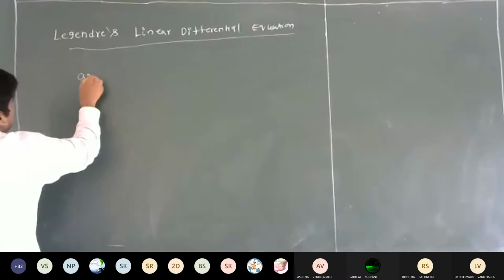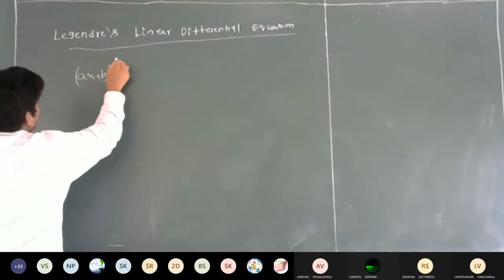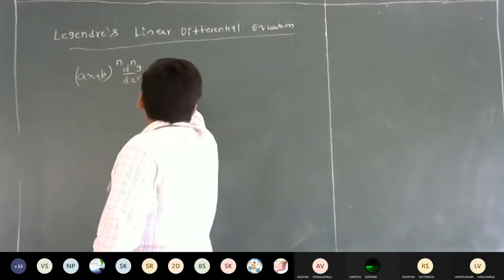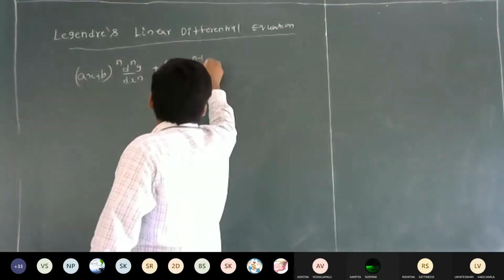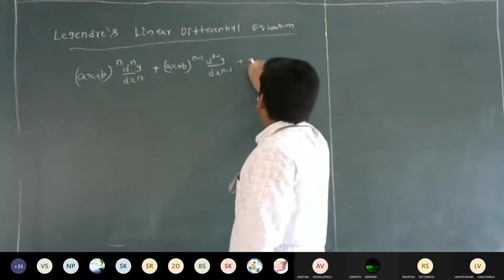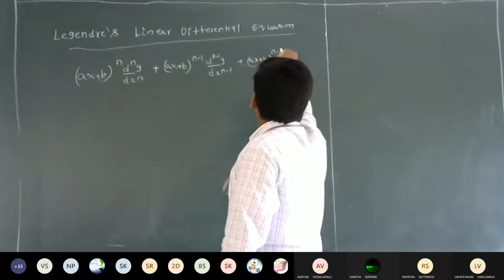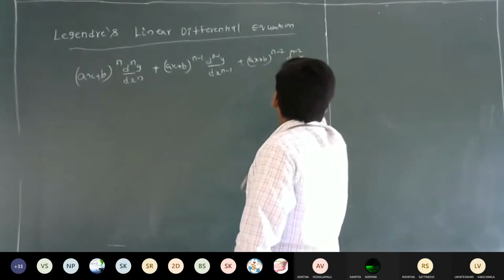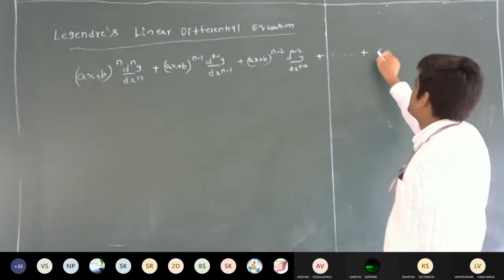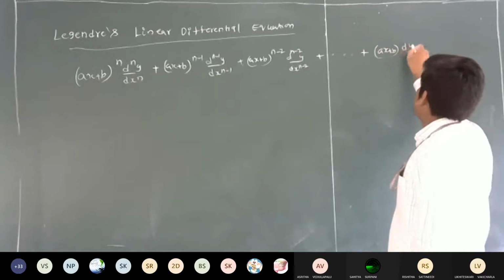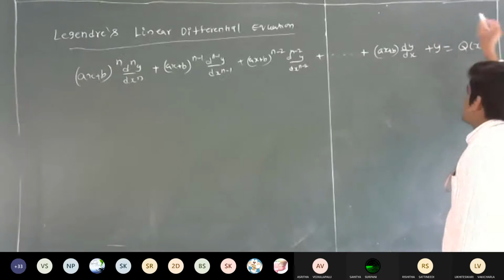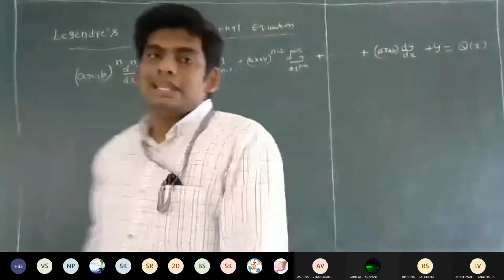It is a differential equation of the type (ax plus b) whole power n into d power n y by dx power n, plus (ax plus b) whole power n minus 1 into d power n minus 1 y by dx power n minus 1, plus (ax plus b) whole power n minus 2 into d power n minus 2 y by dx power n minus 2, and so on, plus (ax plus b) into dy by dx, plus y is equal to some Q of x. This is called Legendre's linear differential equation.